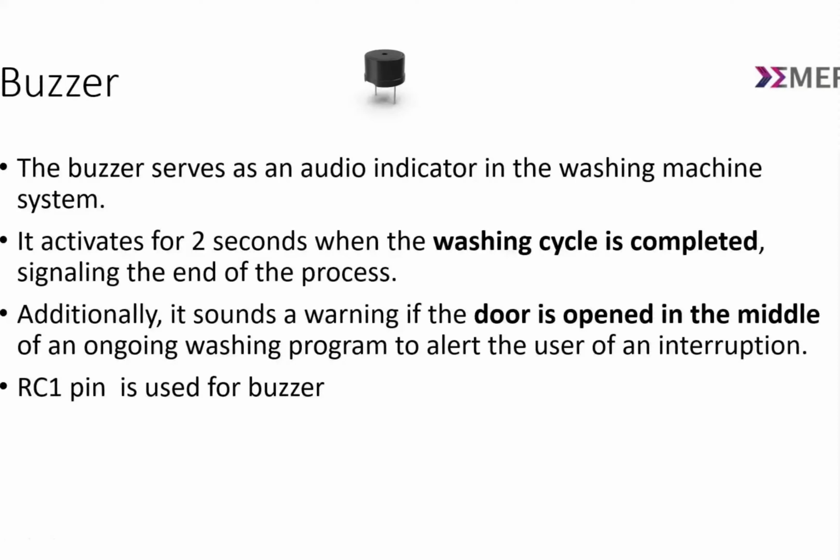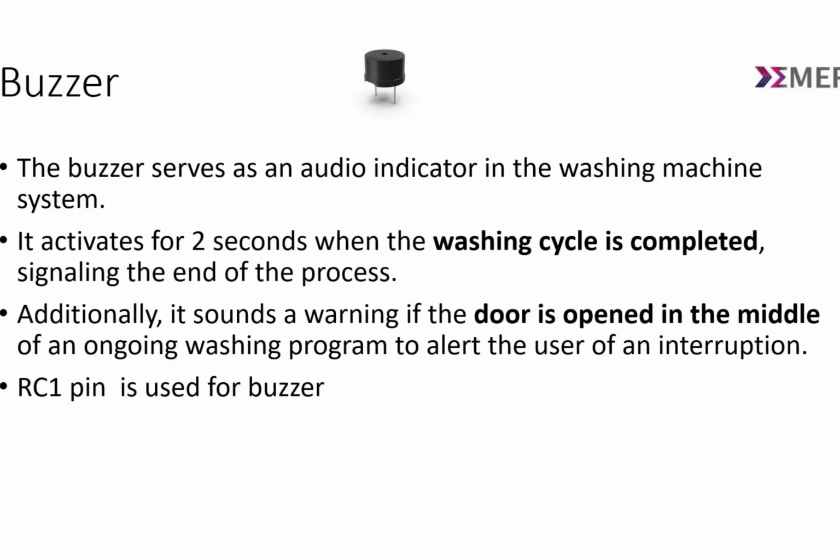Next we can see the buzzer. A buzzer serves as an audio indicator in the washing machine system. It activates for 2 seconds when the washing machine cycle is completed, signaling the end of the process. Additionally, it sounds a warning if the door is opened in the middle of an ongoing washing machine program, to alert the user of an interruption.